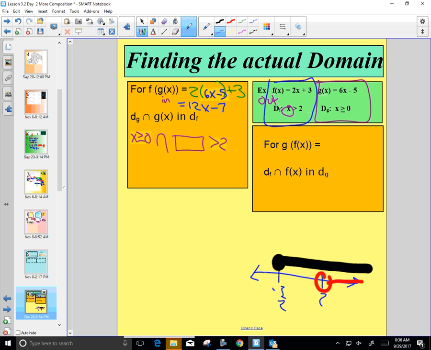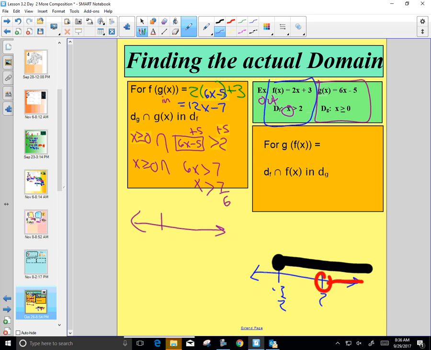The function. So that's going to be 6x minus 5. All right, so then we'll just have x greater than or equal to 0. This will be 6x greater than 2 plus 5. You're going to get 7. X is greater than 7/6. So we look at our number line.